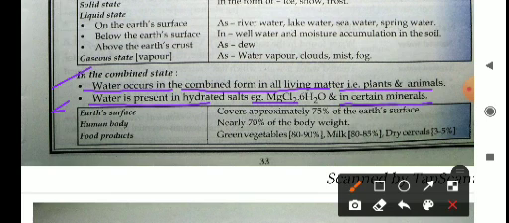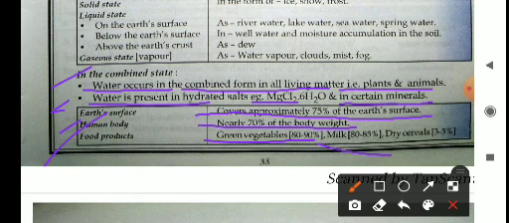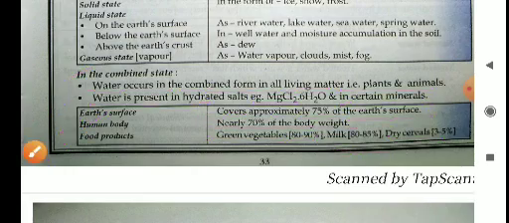Water covers approximately 75% of the earth's surface, and nearly 70% of the human body weight is made up of water. In food products, green vegetables contain 80 to 90% water, milk contains 80 to 85% water, and dry cereals contain 3 to 5% water.